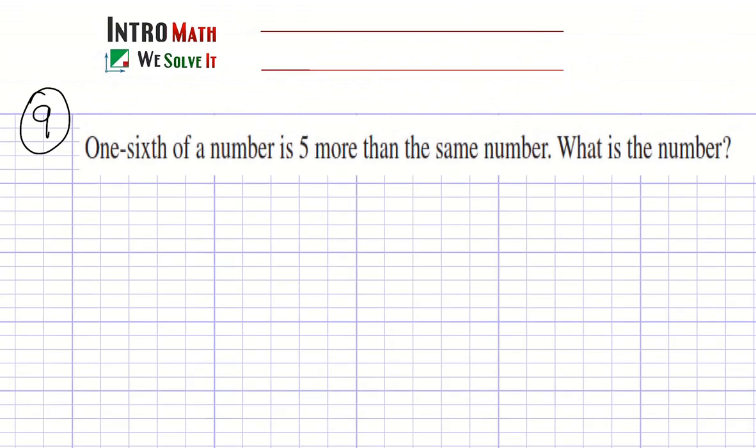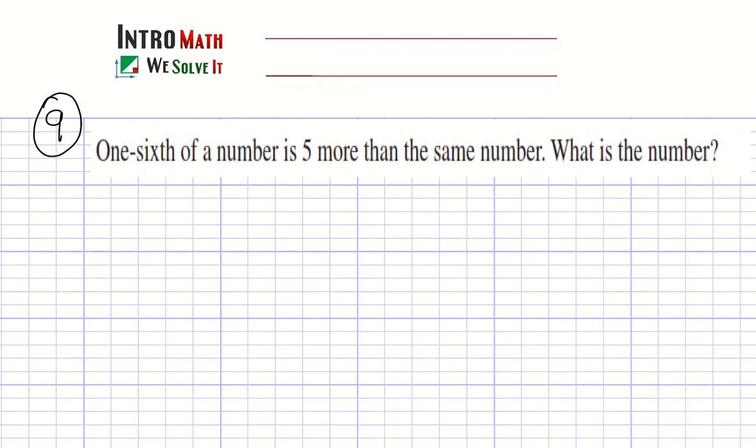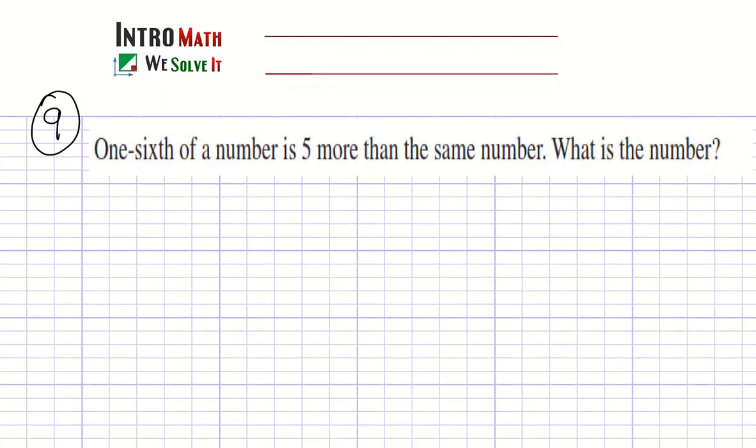Okay, it says 1/6 of a number is 5 more than the same number. What is the number? So I chose this on purpose. So let's see where this leads us to. 1/6 of a number is 5 more than the same number. Okay. We say let x be the number, whatever number.